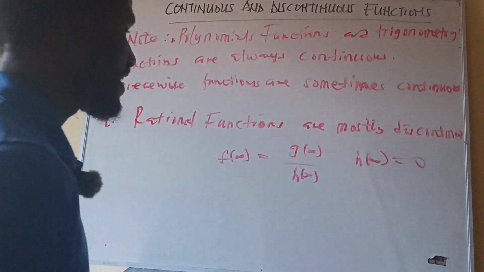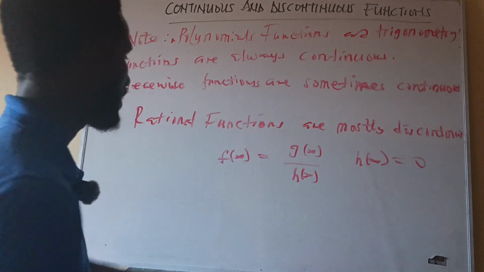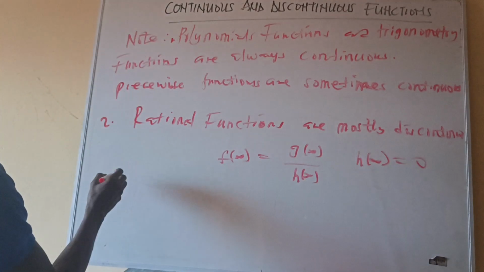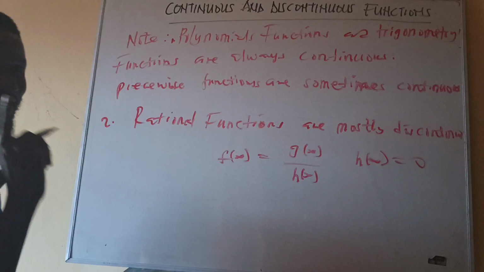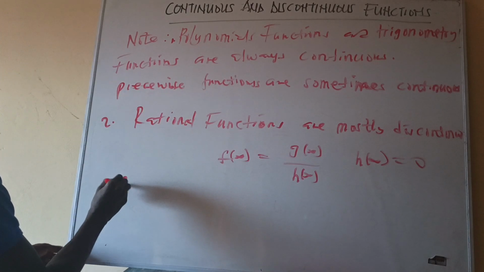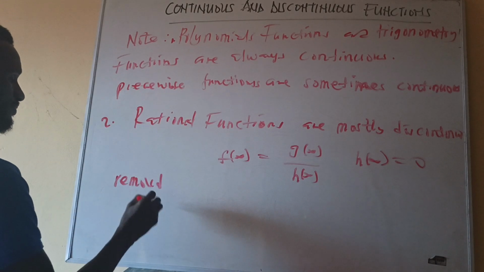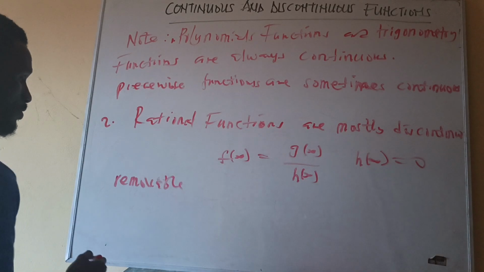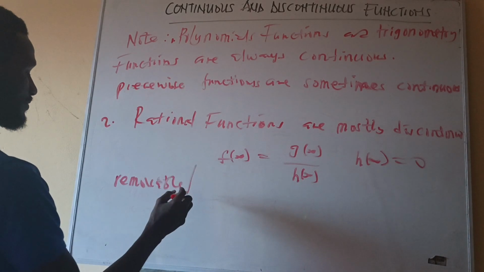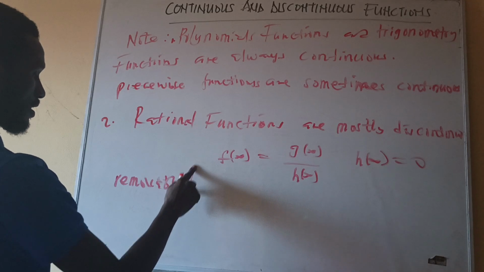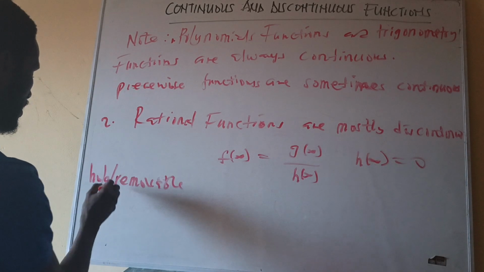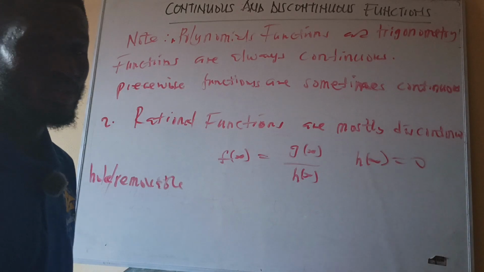Yes. Now, if this one is discontinuous, then it can be removable, or it can be a hole. Now, what I'm saying is that if this one is continuous, it can be a hole.